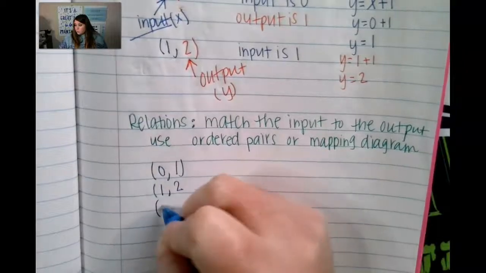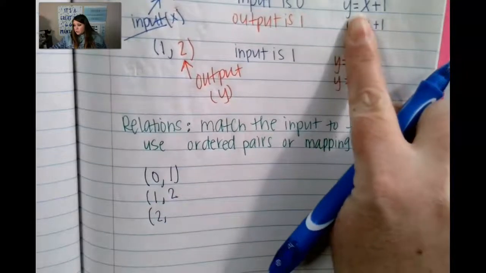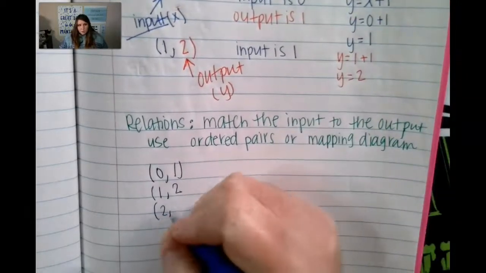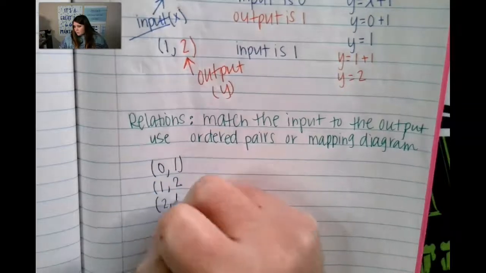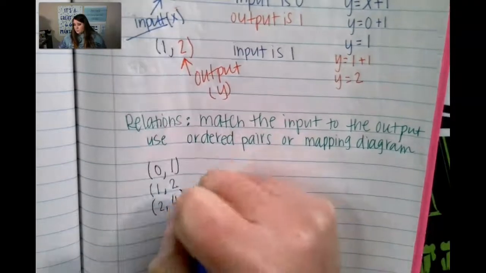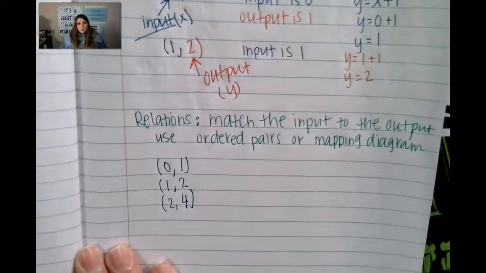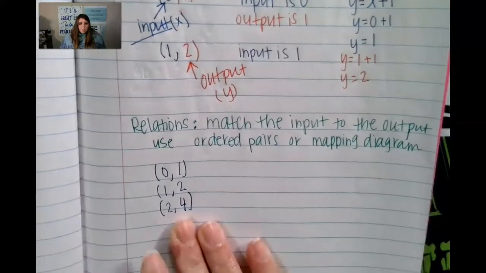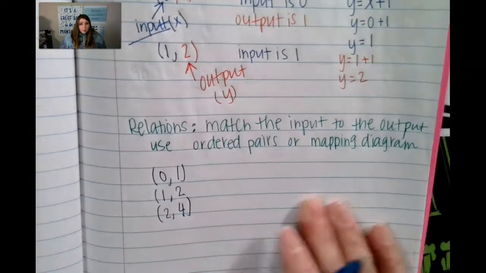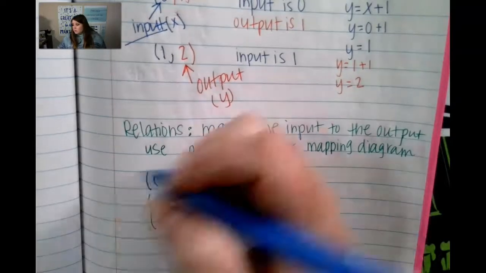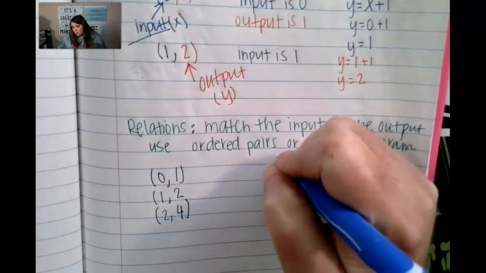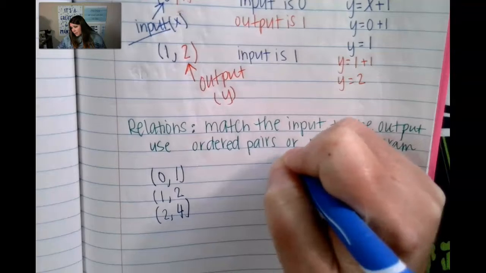If our input was 2, our output, using a different equation here, sorry, is going to give us 4. These ones here are going to be called ordered pairs. We know ordered pairs. Or you can use what we call a mapping diagram.